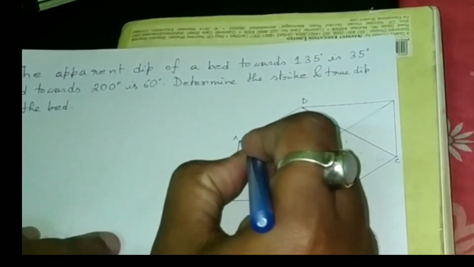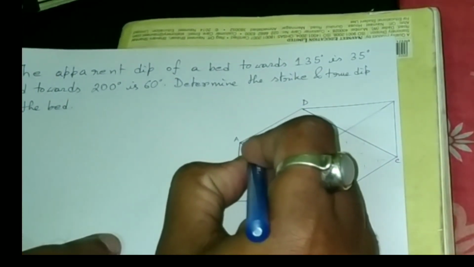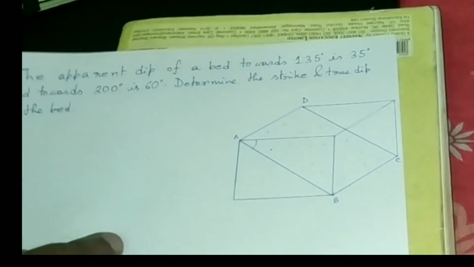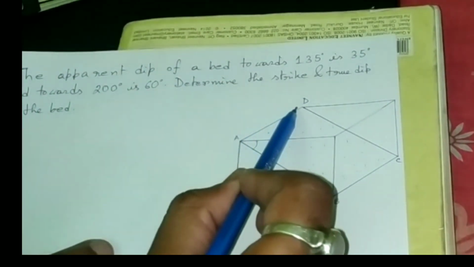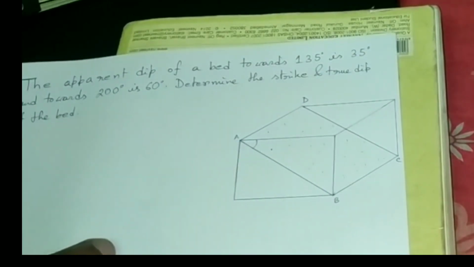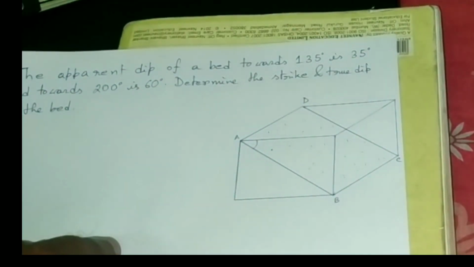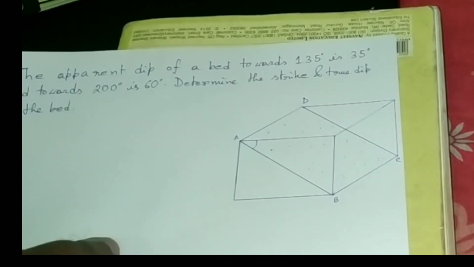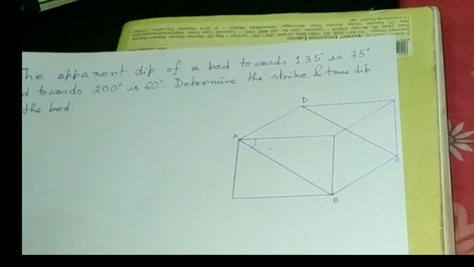Of course in this cube this is the true dip and this line is the strike, but here we are given two apparent dips.